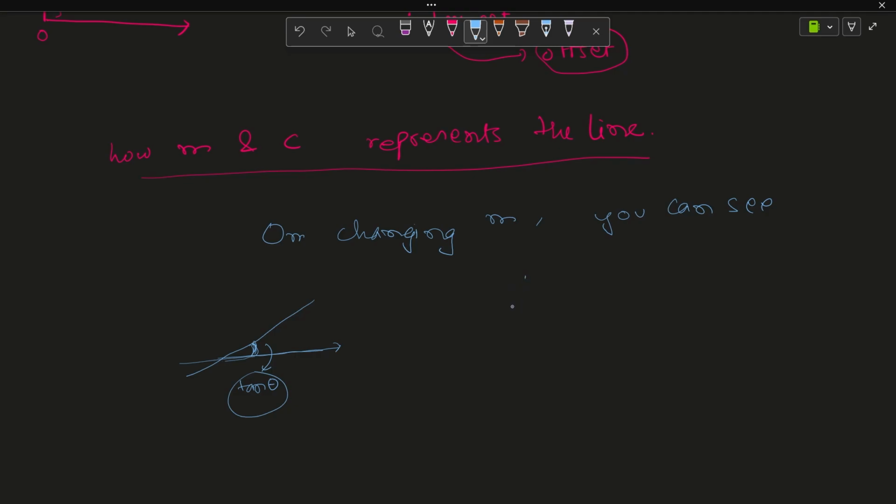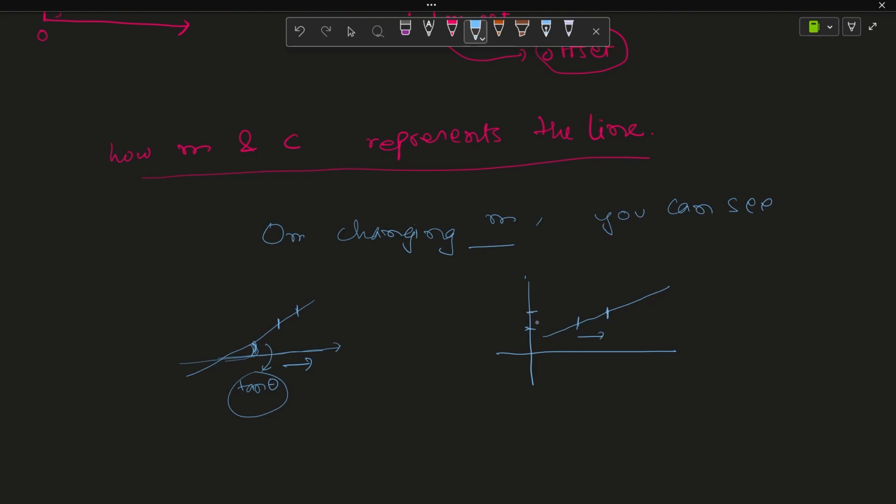You can also understand by this, if you increase m, the rate will also increase, all right. See, this is the graph. This is m, and on changing x, y is increasing.